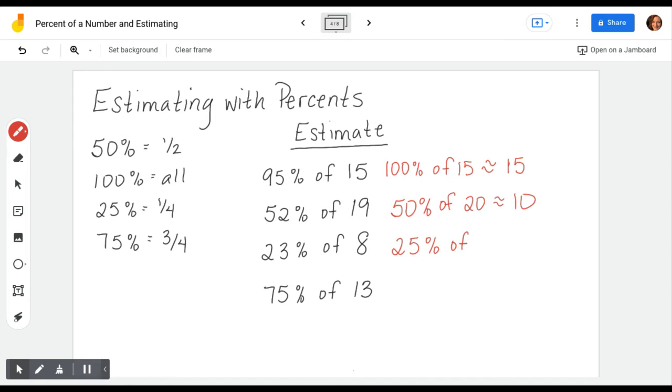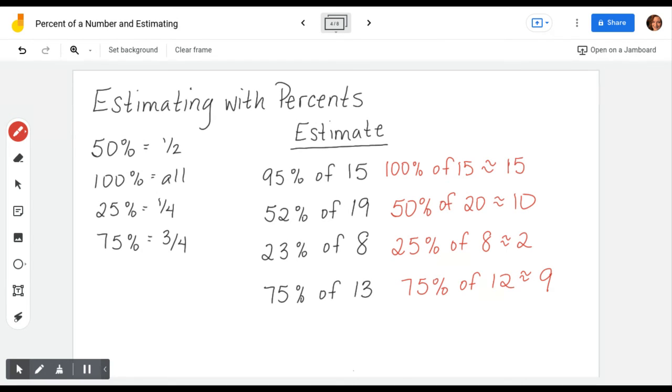I'm going to do 8 because 25% means a fourth. A fourth of 8 would just be 2. 75%, well, 13 is not very useful, but it's close to 12. 4 goes into 12 3 times. So 3 of those for 3/4, that would be about 9.